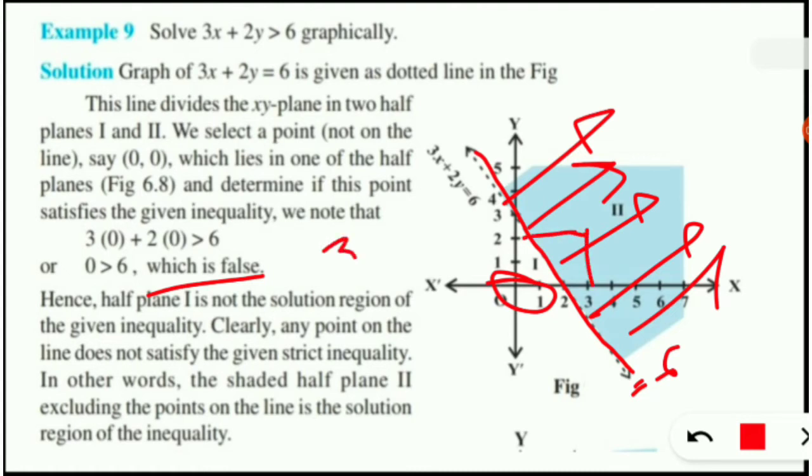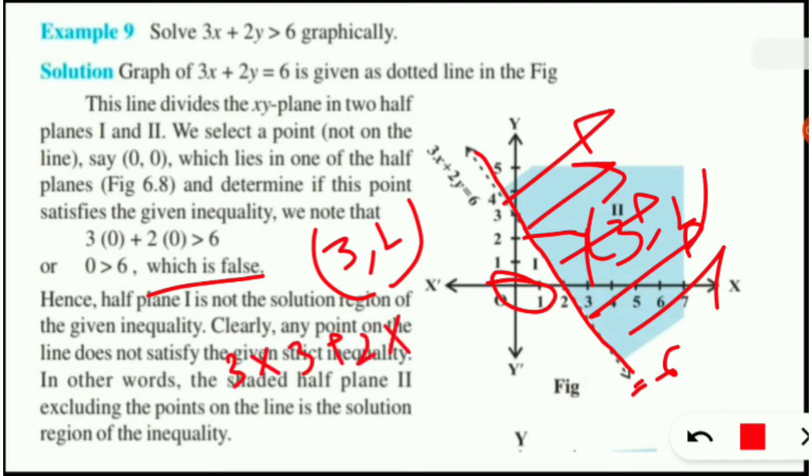That means if we take this point, (3, 2), and put it in, 3 into 3 plus 2 into 2, that means 9 plus 4, which implies 13 greater than 6, which is true.